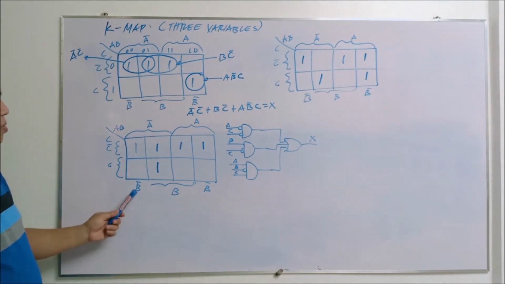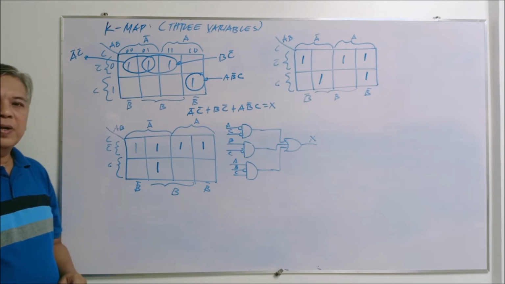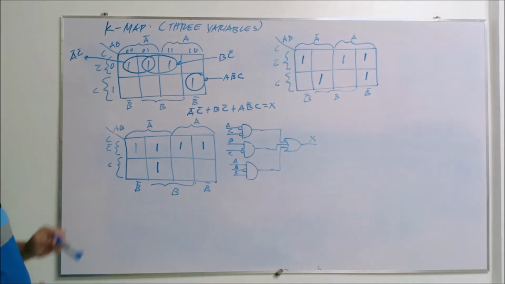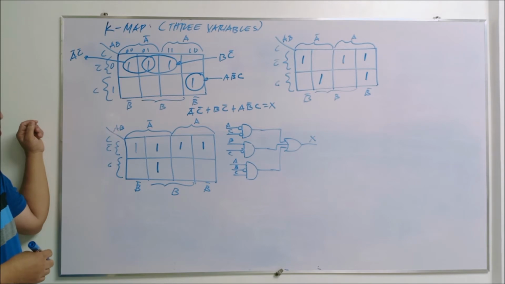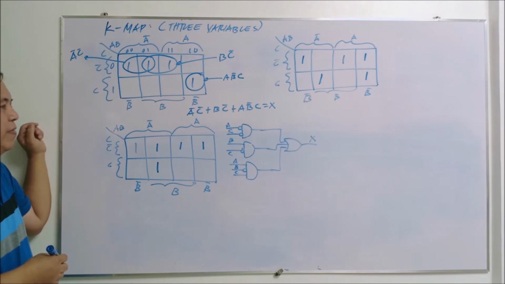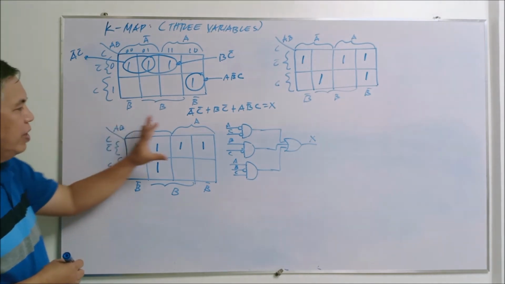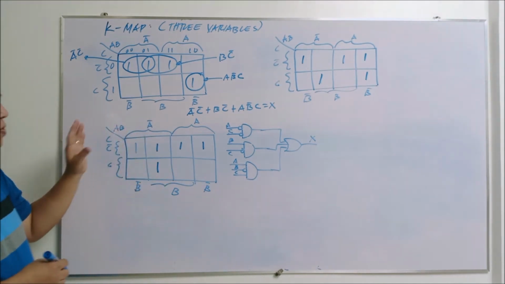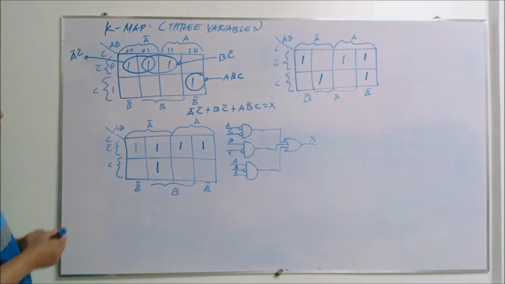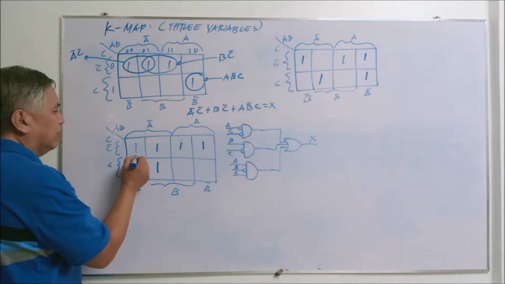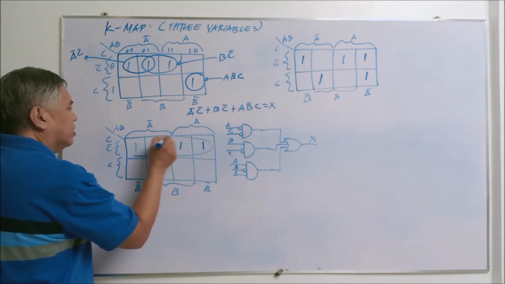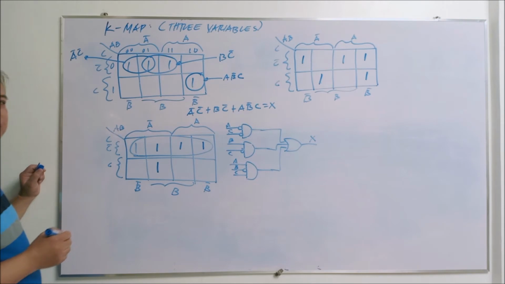Okay? How about the other problem here? Again, we find the grouping 8, 4, 2, 1. There's no 8 adjacent cells, so we go to 4 adjacent cells. This one here is 4 adjacent cells in line.